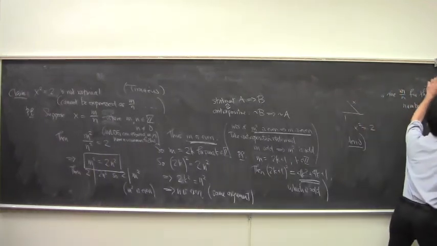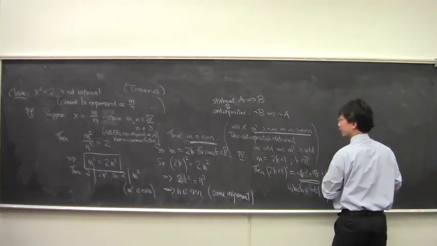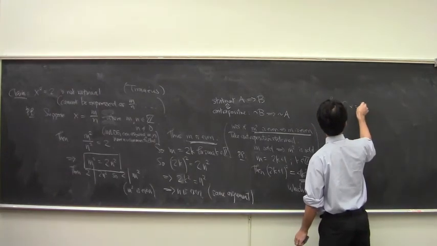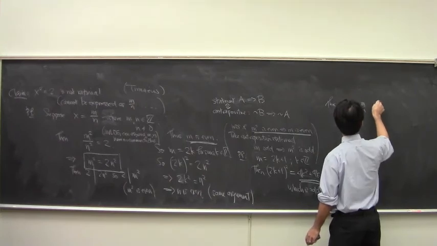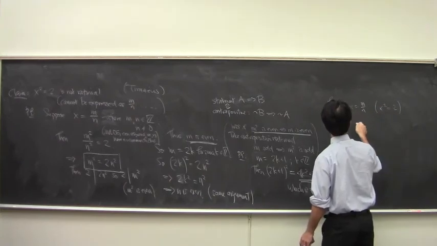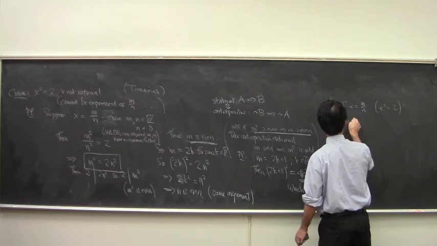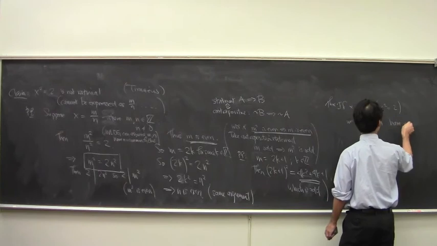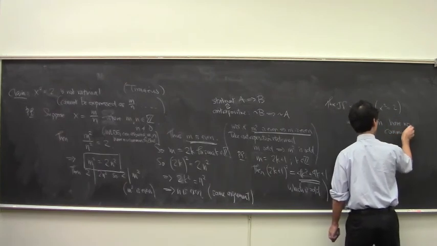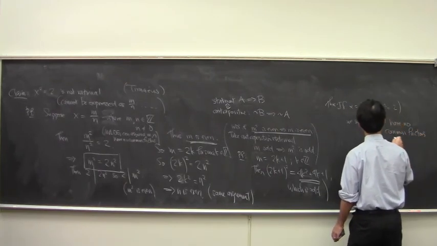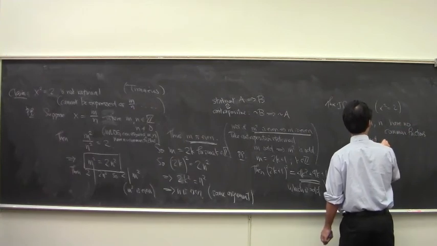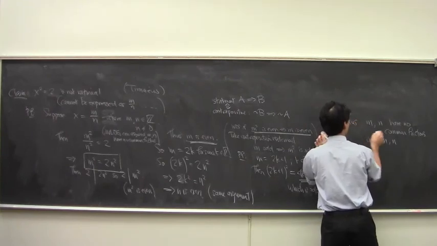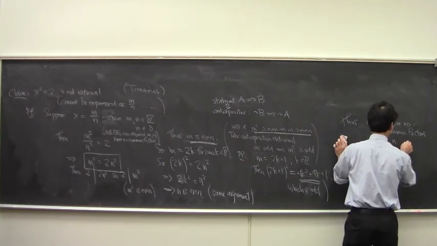Okay. So what do we get? If x equals m over n, or x squared equals 2, we see m and n have no common factors. And so m and n have no common factors, and m and n are both even.